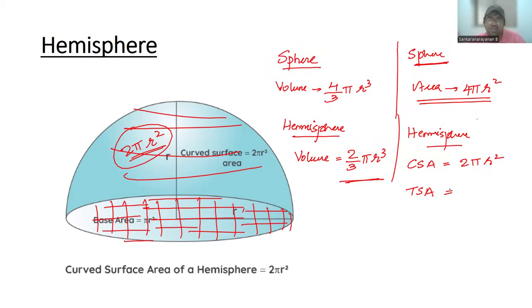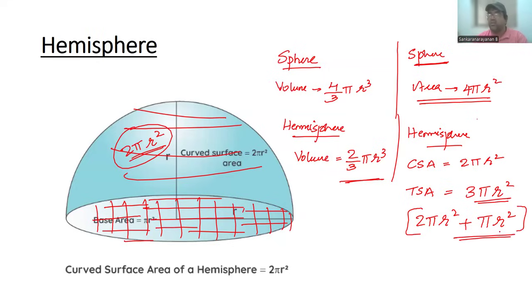So when you are asked to find the total surface area, it will be this 2 pi r square, to which you add pi r square, the new base area. Add them together and that will fetch you the result. It is 3 pi r square. In this manner, you can simply derive those key formulae and then solve the questions.